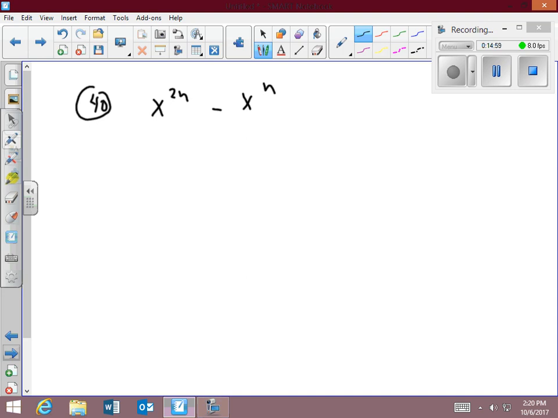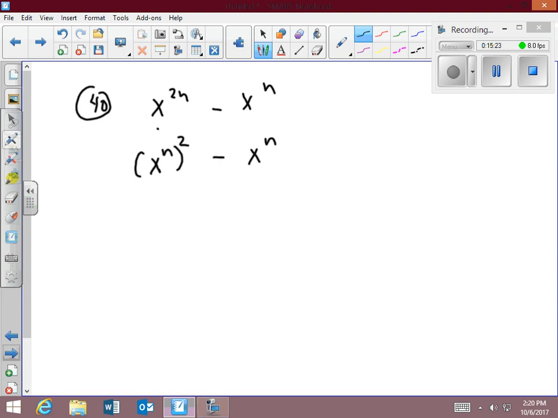But you'll actually take an x to the n out. If you think about it, if I rewrite this, I can go x to the n, squared, right? Multiplying. And then this is an x to the n.